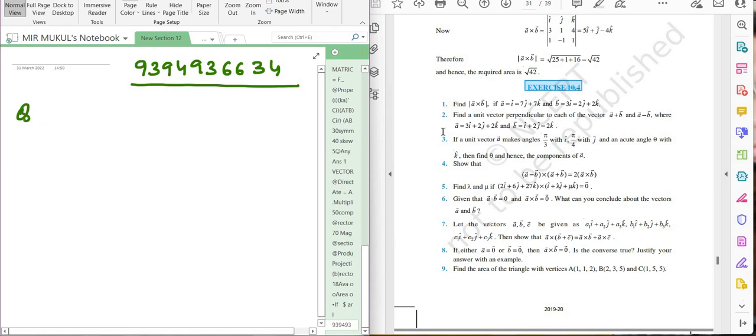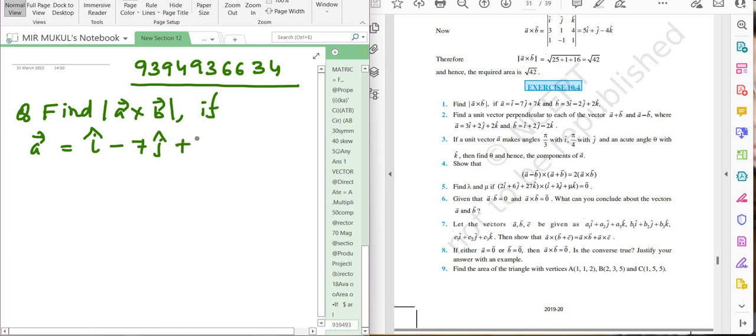One more question I'm taking, question number 1: find the magnitude of A cross B if vector A is i minus 7j plus 7k, and vector B is 3i minus 2j plus 2k, right?